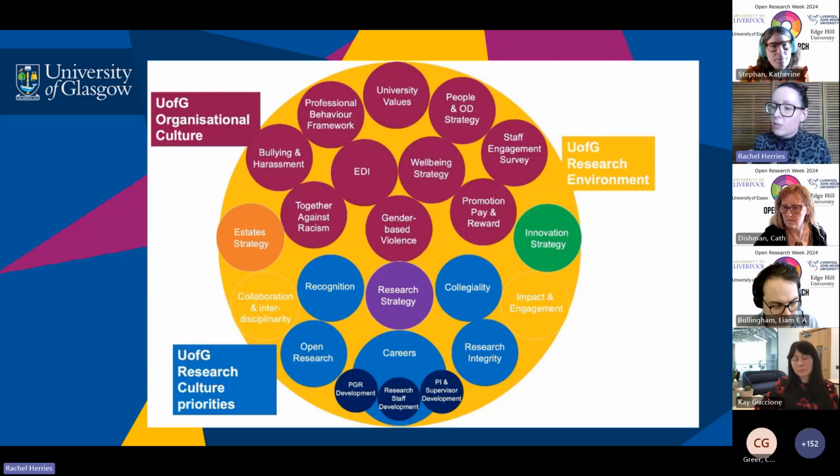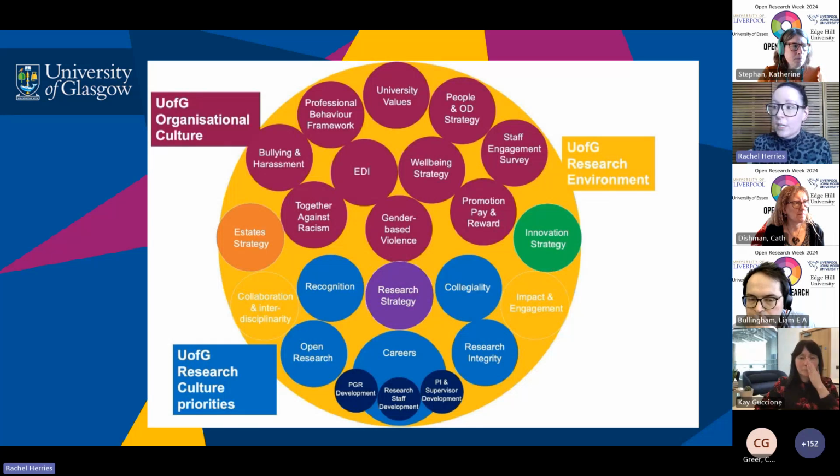So we've got the research culture priorities, like Kay mentioned at the start: recognition, open research, careers, collegiality, and research integrity. And they are feeding into the research strategy. But broader than that, across the university, we've got organisational culture, and we've got our colleagues who are the leads and have responsibility for things like bullying and harassment, the wellbeing strategy, the staff engagement survey, promotions, pay and reward.